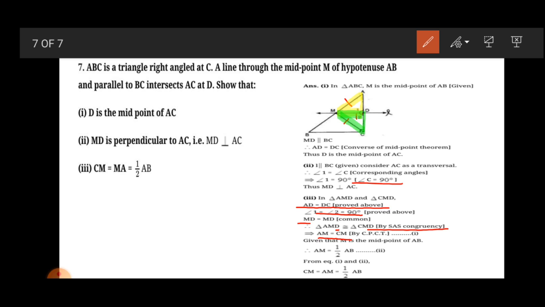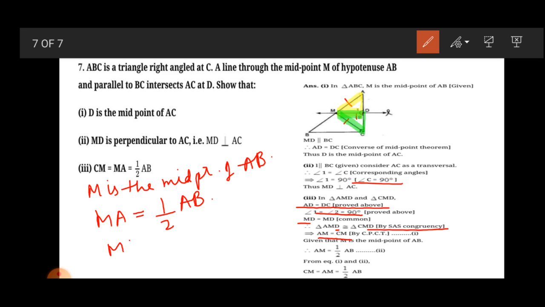Now as M is the midpoint of AB, so MA is equal to half of AB and MA is equal to CM.